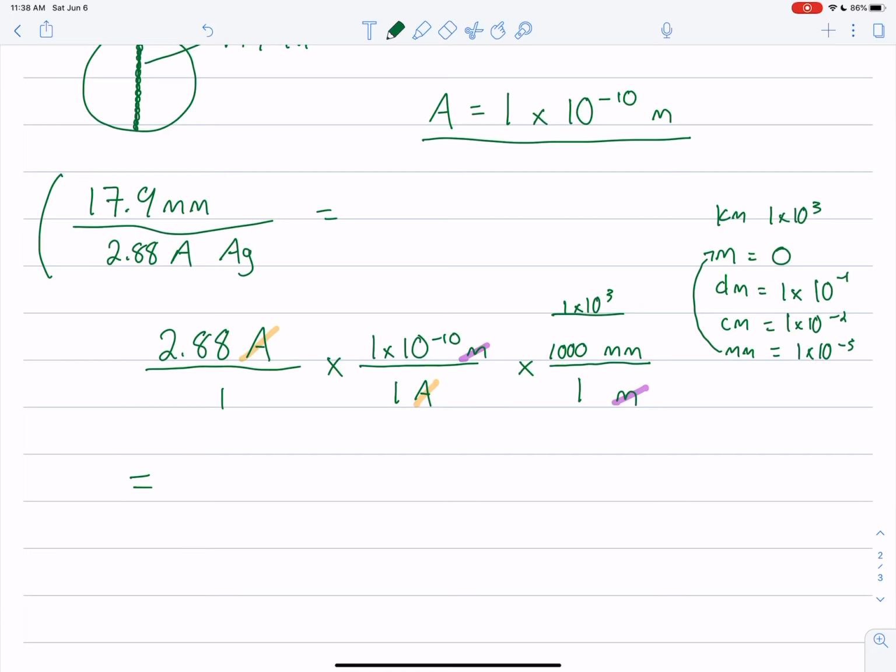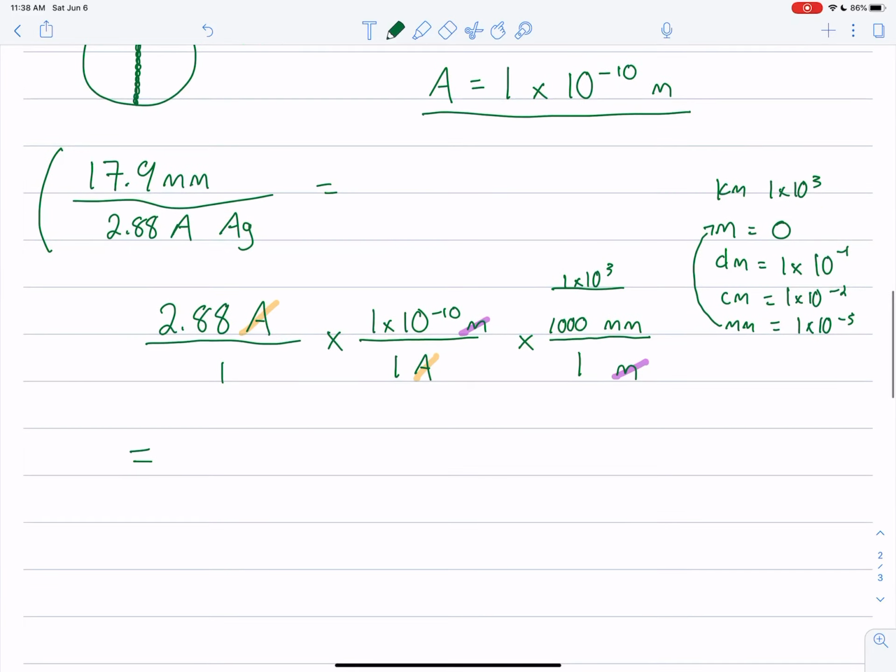All right, so the answer we get here is 2.88 times 10 to the negative 7th. And you can even see, it's 2.88 because we're just multiplying by units of 10. We're not introducing any new numbers here.